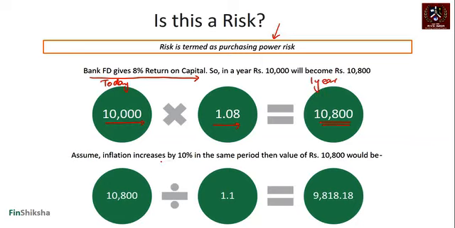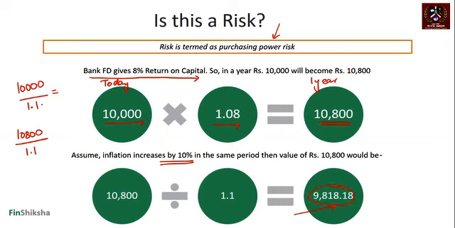But if inflation is 10%, then what you could have purchased using 10,000, now you can't purchase the same amount using 10,000. So inflation has taken the value of 10,000 down to a lesser number. So effectively 10,800 would be this number, right?